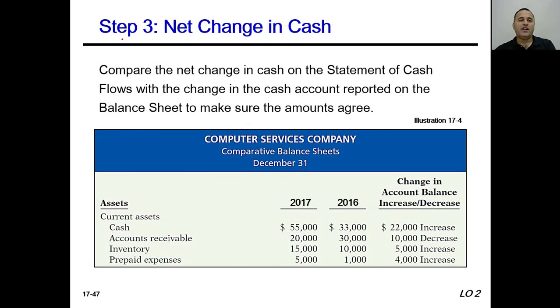Okay, this is the last step. In step number 3, we confirm whether whatever we calculated, we did it right. Okay, so again, this is the balance sheet for this computer services company. For 2016, the ending cash was $33,000, and for 2017, the cash balance was 55.